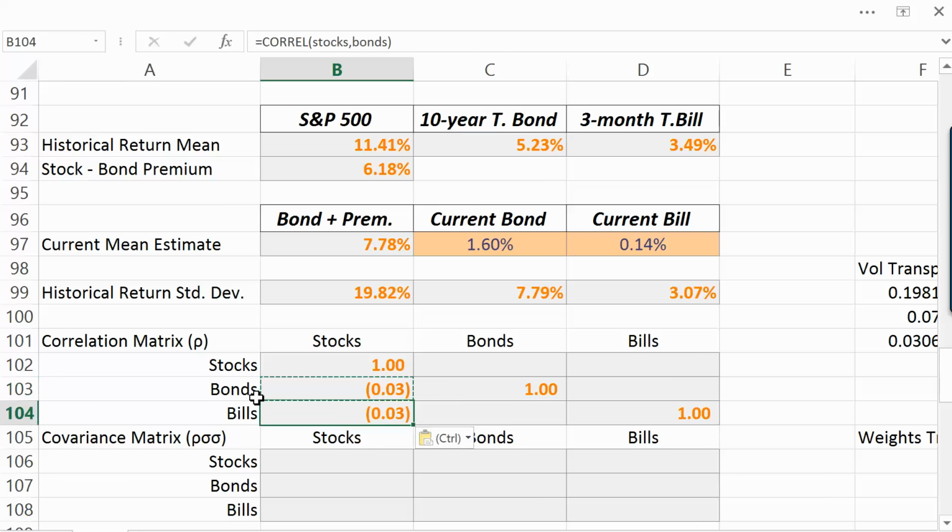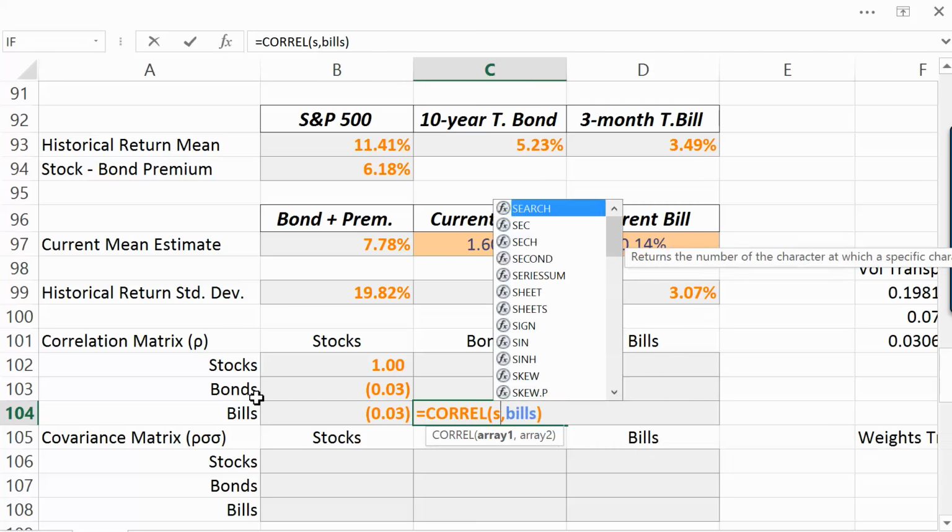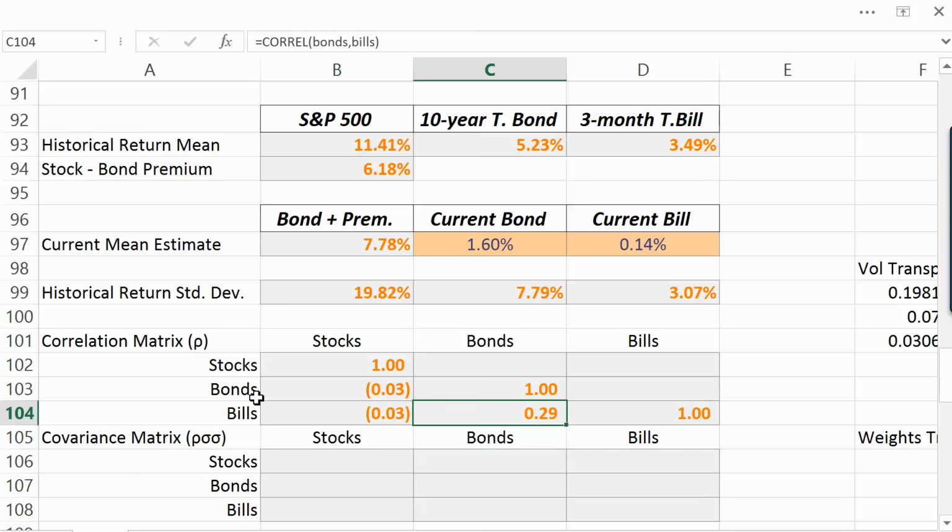I'm going to copy that there and just do stocks with bills. Looks like that's also negative 0.03. And then we can do bonds with bills, which is a 0.3. So bonds and bill returns tend to move together. Now these are the only unique variables, these three: stocks with bonds, stocks with bills, and bills with bonds.